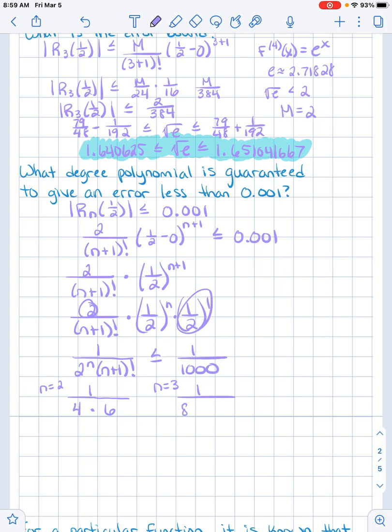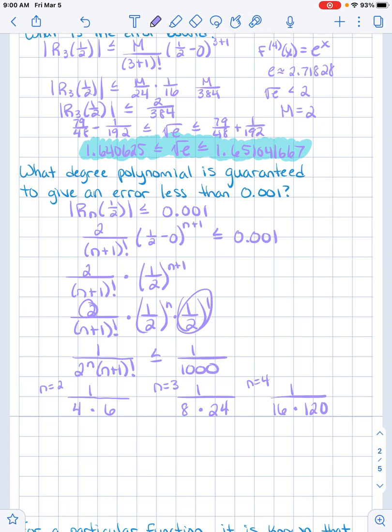So let's try n equal 3. Okay, 2 cubed, that's 8. 3 plus 1 factorial, so 4 factorial is 24. 8 times 24 is only 192. Not big enough. Let's try n equals 4. 2 times 2 times 2 times 2, that's 16. 5 factorial is 120.